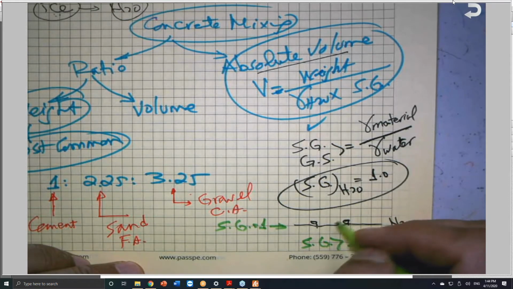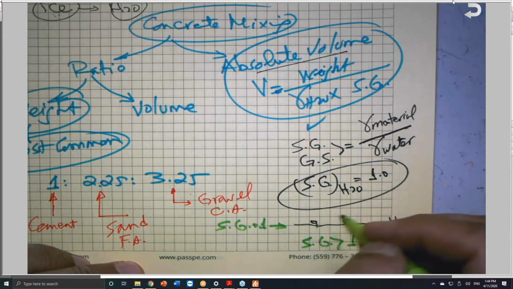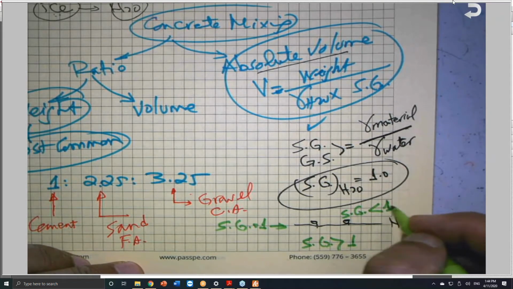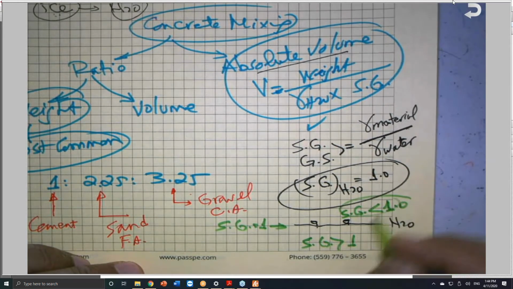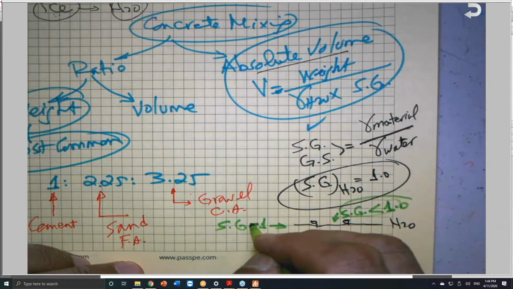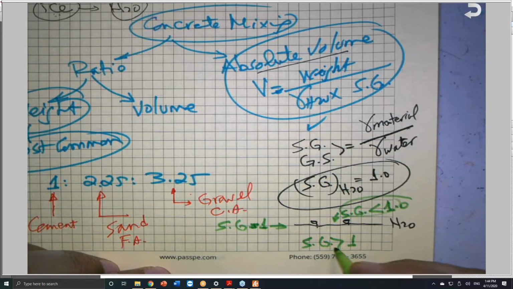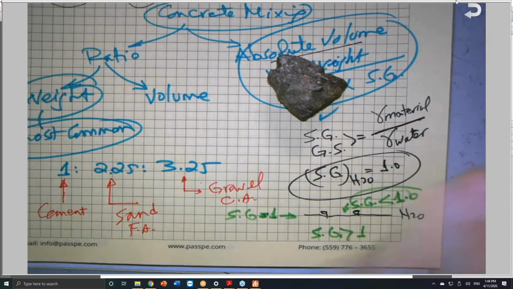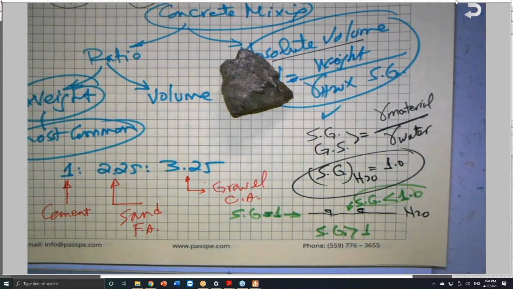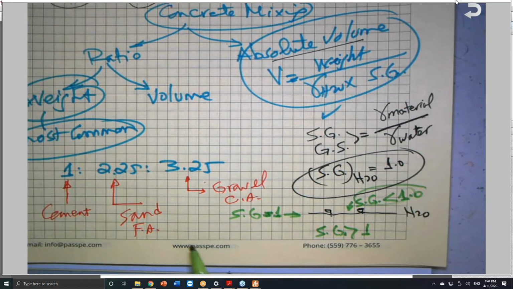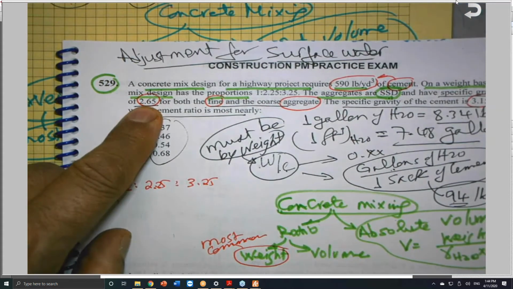Anything that floats on the surface of the water has a specific gravity less than 1. If I throw this piece of aggregate in a cup or a bucket of water, it will sink, because it has a greater specific gravity, greater than 1, like our aggregate 2.65 given in the problem.